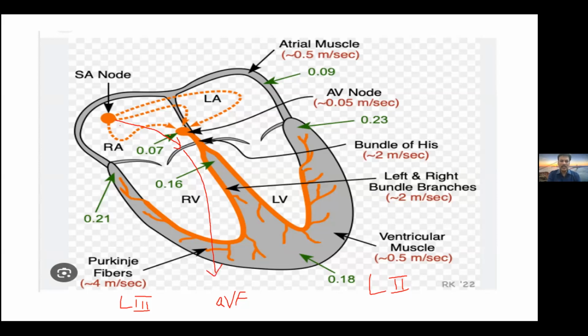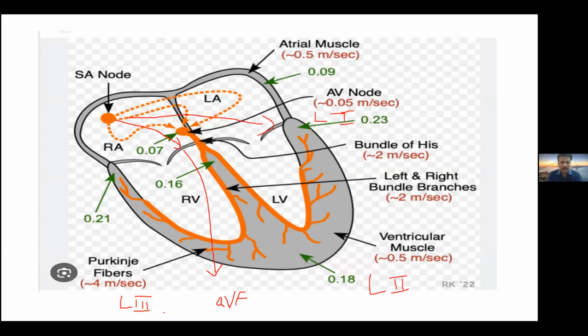Now you are seeing lead 1. Whenever the impulse is coming from the SA node to lead 1, it is positive. Whenever there is an impulse from SA node to AV node, in leads 2, 3, and AVF it is towards the electrode, so it is positive.